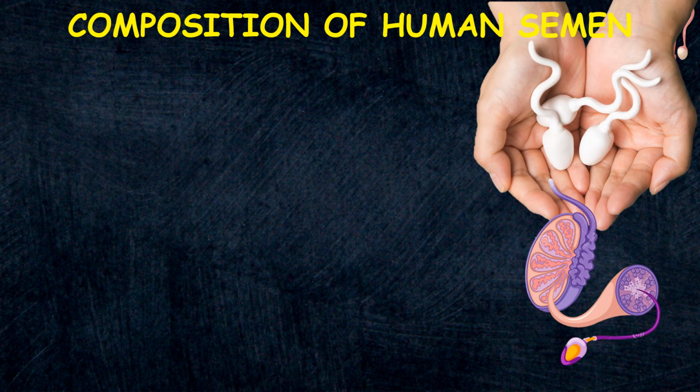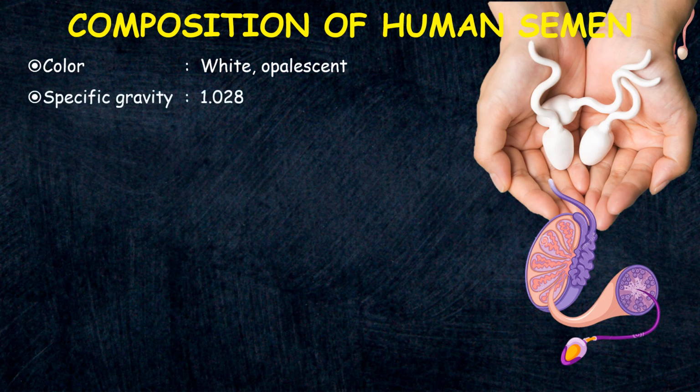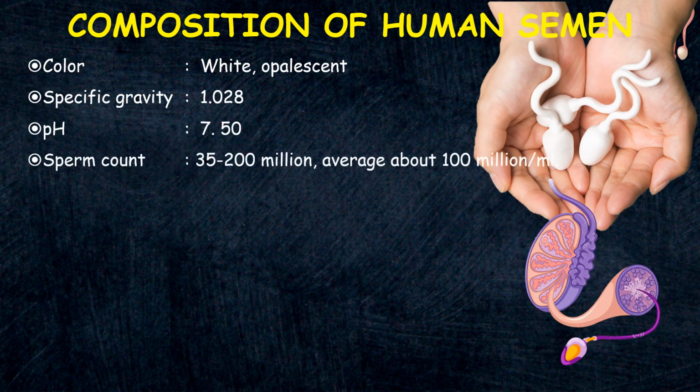Composition of human semen. The color is white and opalescent. Specific gravity is 1.028. pH is 7.5. The normal sperm count varies from 35 million to 200 million per ml of semen, with an average of 100 million per ml.